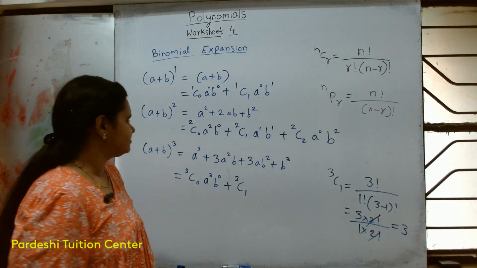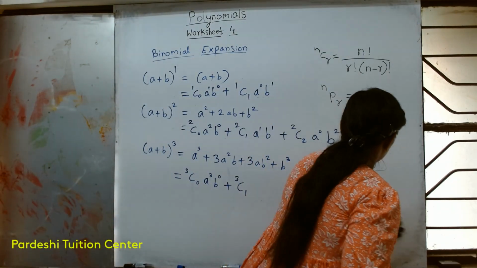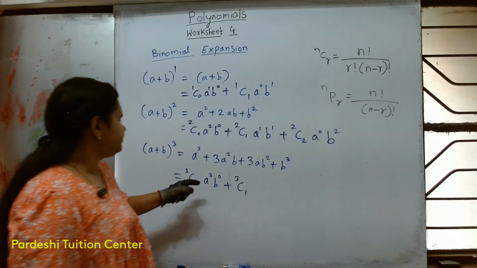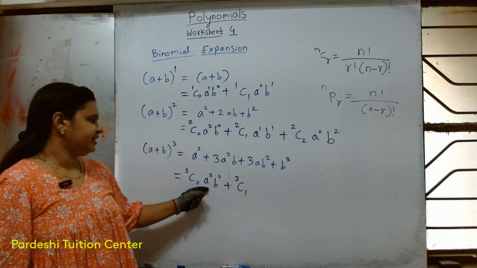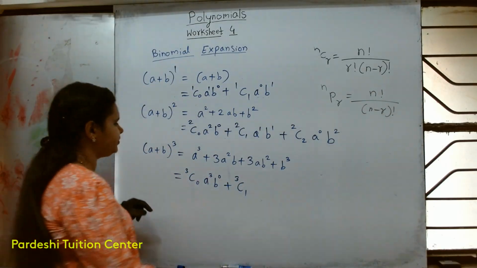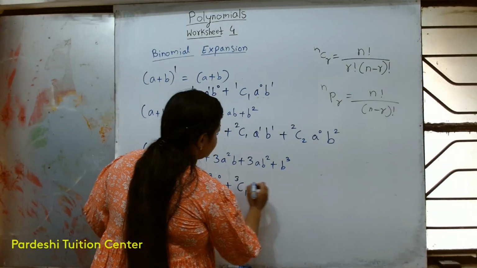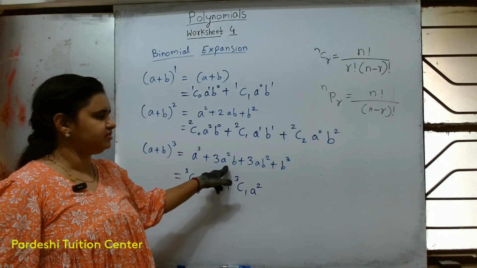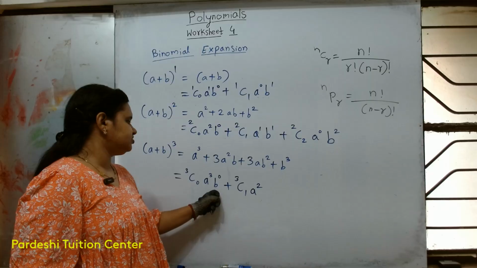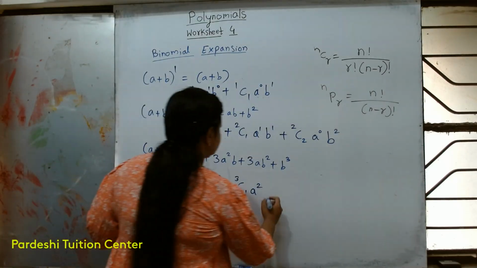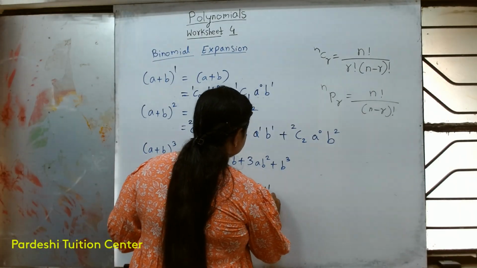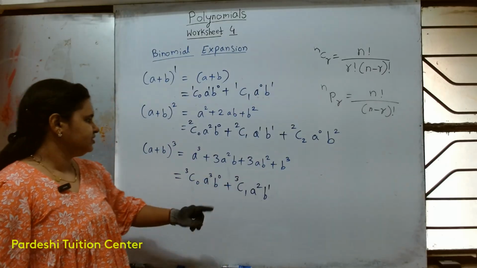Okay. Now again, here it is a cube, and the power of a is decreasing, so it will be a square, and here also it is a square. Now b to the power 0, what will it be next? It will be b to the power 1, as the power of b is increasing. Now let us check.